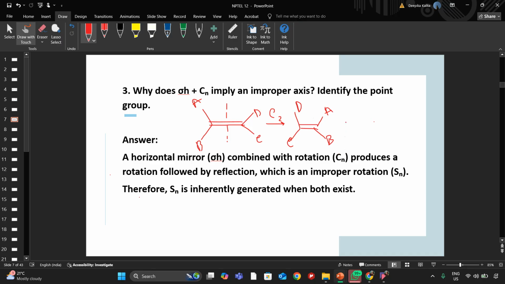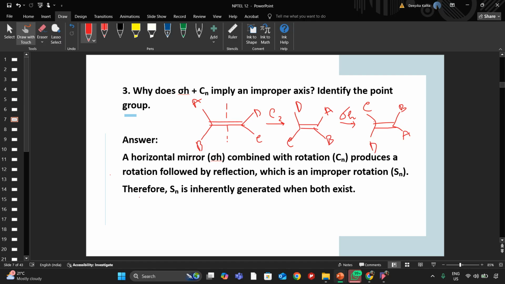And we get this molecular arrangement. Now if we perform sigma h on it, which will be passing through the double bond, imagine it to be perpendicular to this C2 axis, we are going to get C here, T here, and B here, and A here.